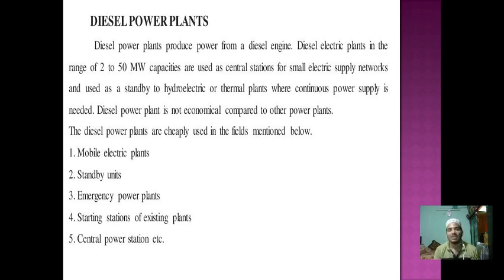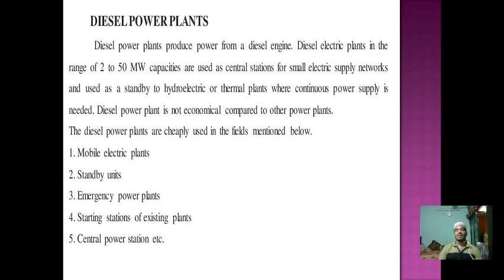Rest of the capacity is standby for hydroelectric or thermal power plants where continuous power supply is needed. Here we have to supply the diesel power plant continuously to generate the electricity, and the diesel power plant is not economical compared to the other power plants.